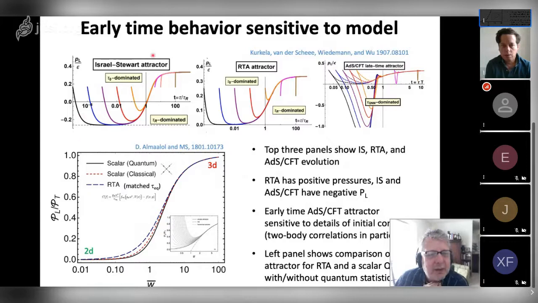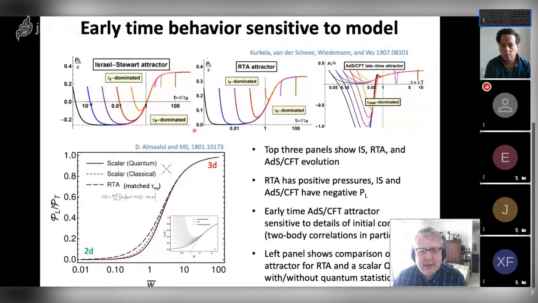It came out last year. They're showing a similar quantity here, which is the longitudinal pressure over the energy density in all three panels. The left panel is Israel-Stewart hydrodynamics. The middle panel is this exact solution to the RTA. And the right panel is using some AdS/CFT numerical simulation done by Wilke van der Schee.